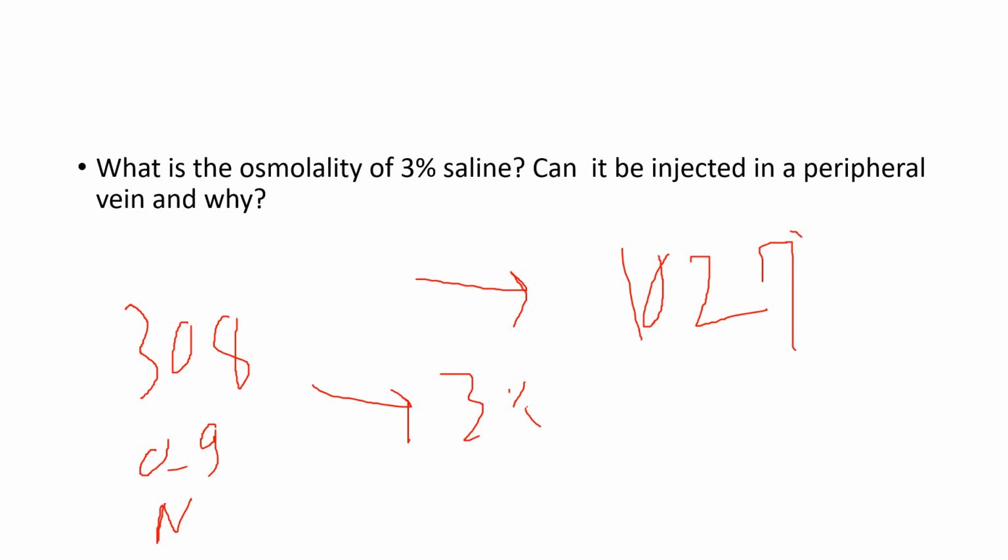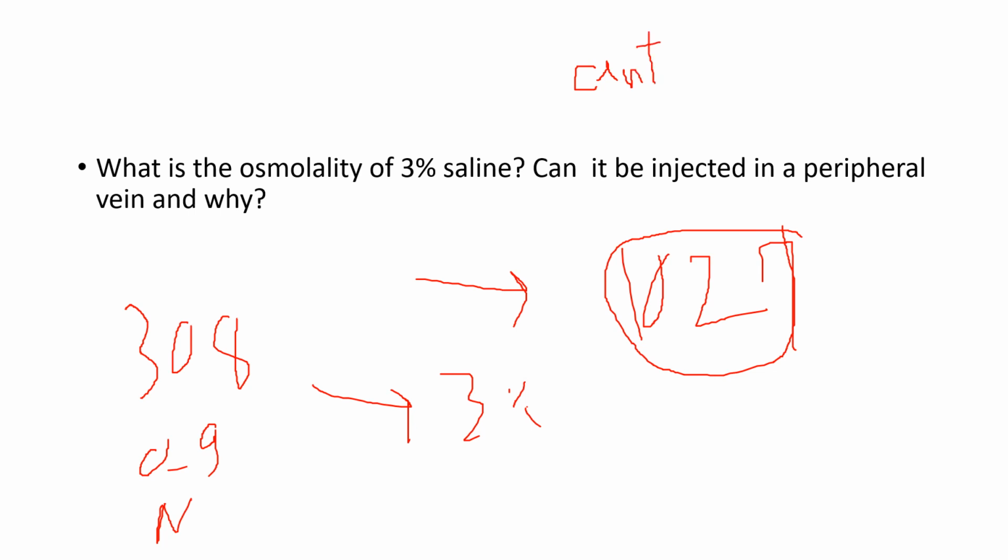This is the osmolality of the hypertonic saline. طبعا واضح ان ده hypertonic severely hypertonic in relation to the plasma. يبقى حوالي 285 ل 295 ملي اوسمول بير جرام بودي ويت. فبناء عليه it should be injected in a central vein rather than peripheral vein.